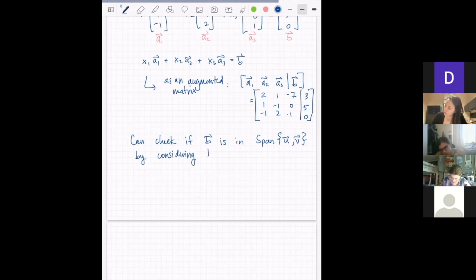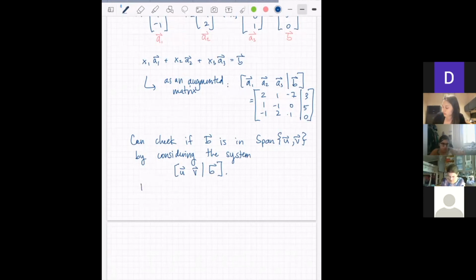the system with this augmented matrix, right? So we just take u and v, and B is our augmented column, right? So how do we use this? Well, we know how to solve these, figure out if the augmented matrix represents a system that is consistent or inconsistent, right?